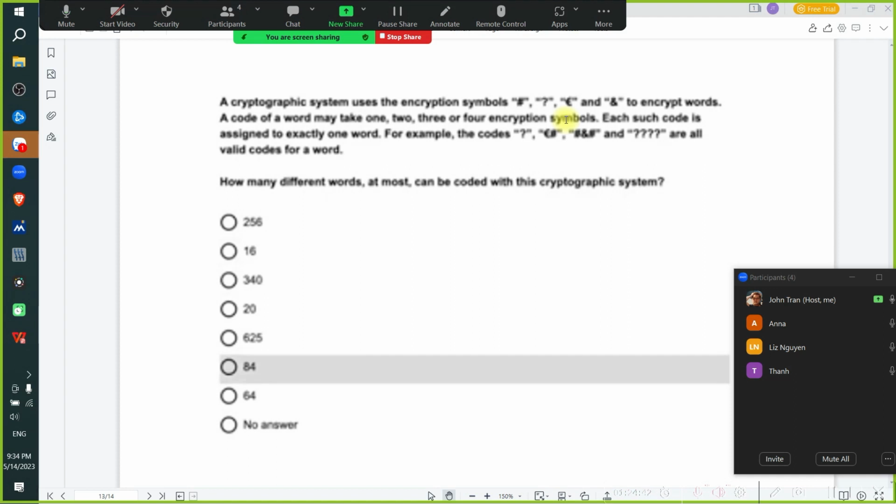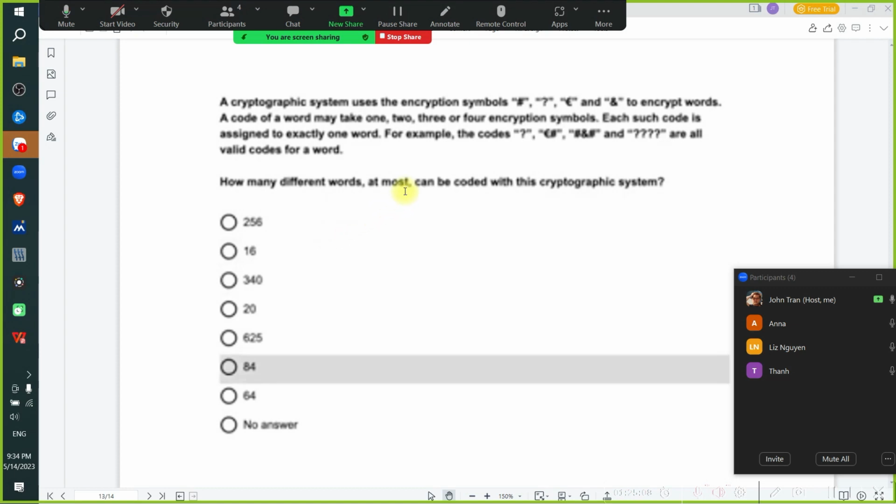Mỗi một cái code đó thì nó được sắp xếp cho chính xác một từ đó luôn. Ví dụ cái code chấm hỏi hoặc là cái đống này đều là những cái code hợp lý cho một cái từ nào đó. Tức là nó mỗi một cái code đó, nó sẽ không có cho hai từ mà chỉ có đúng một từ thôi. Hỏi có bao nhiêu từ khác nhau?